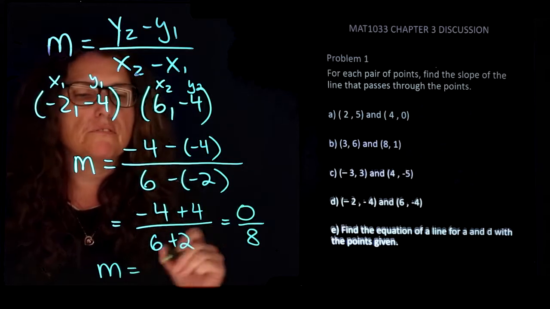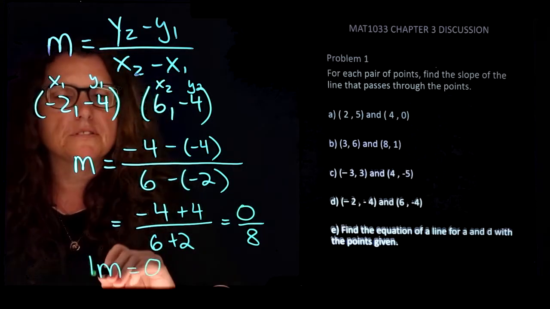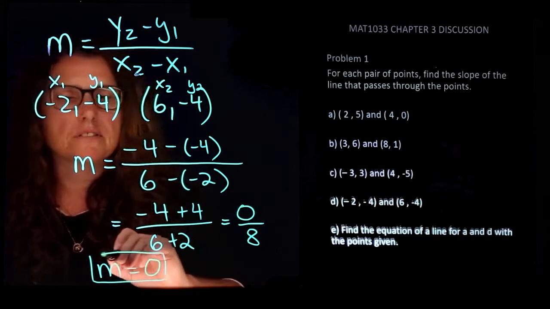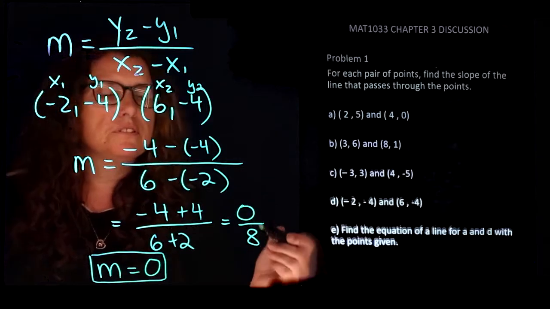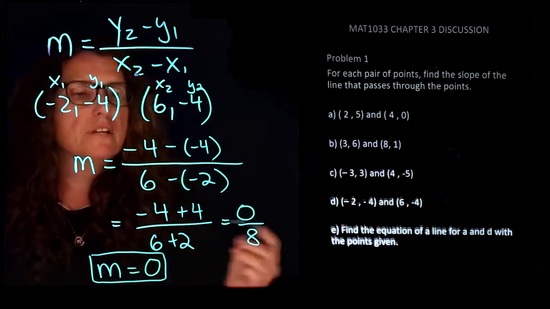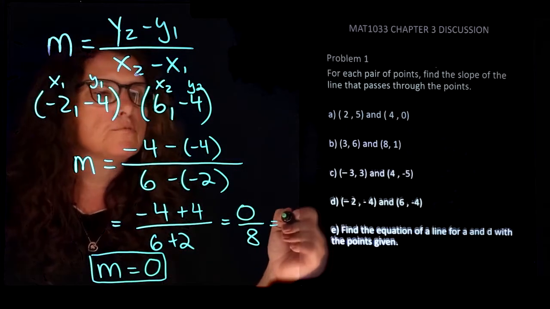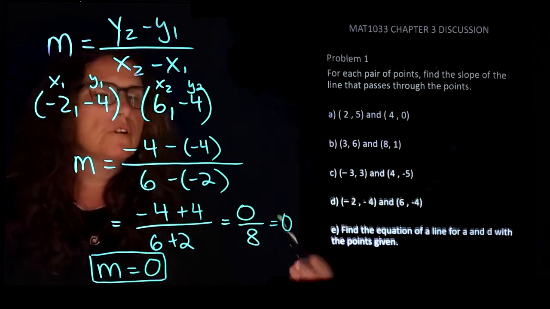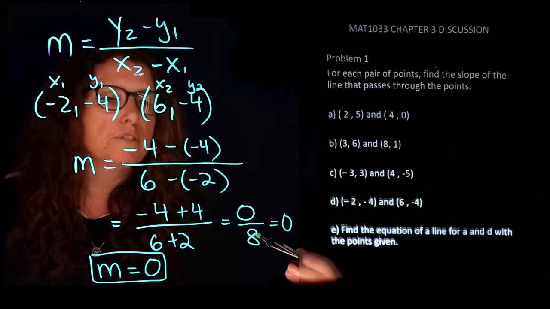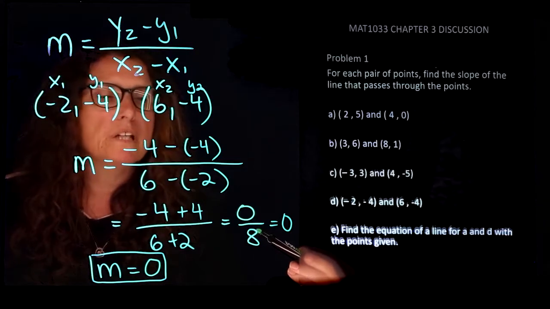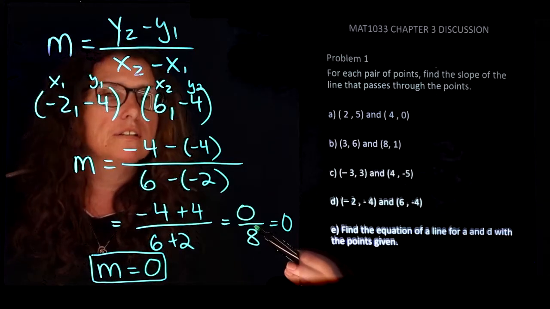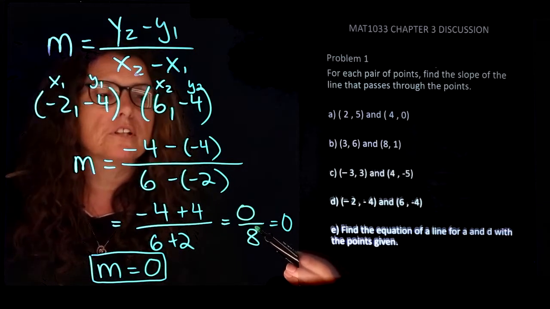That is 0, so the slope is 0 in this case. If 0 is in the numerator, then this just simplifies to 0. If 0 was in the denominator, then the slope would be undefined. An undefined slope represents a vertical line.